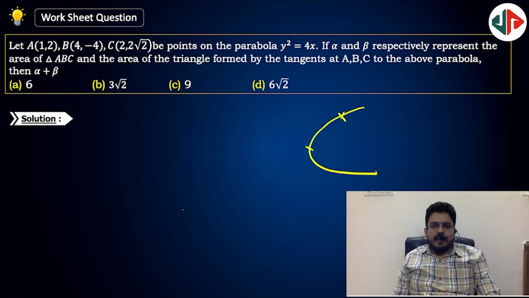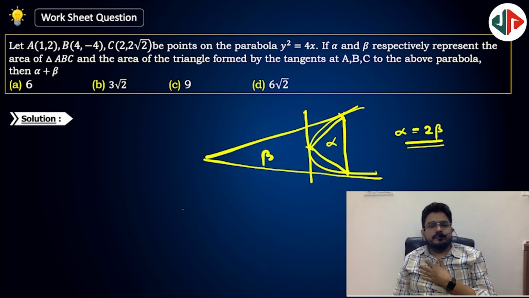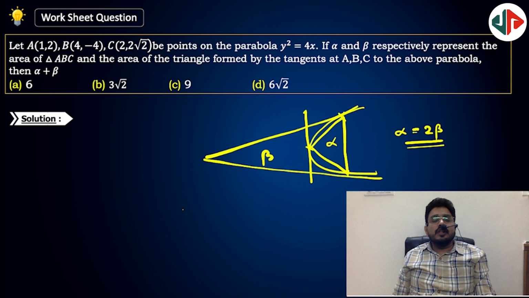Let us say A, B, C. The area of the triangle formed by ABC is alpha, and the area of the triangle formed by the tangents drawn at ABC is beta. See, alpha is always 2 times beta.